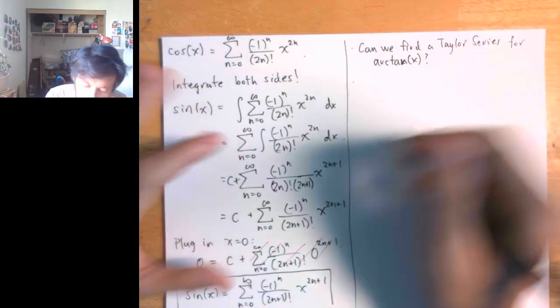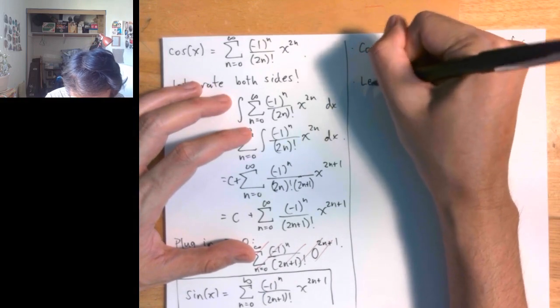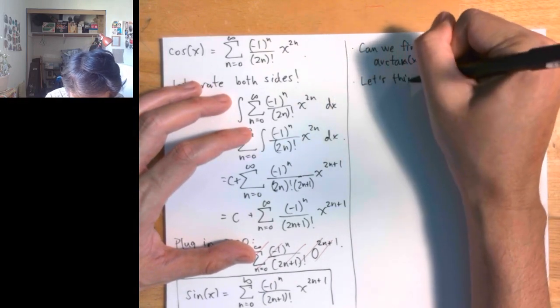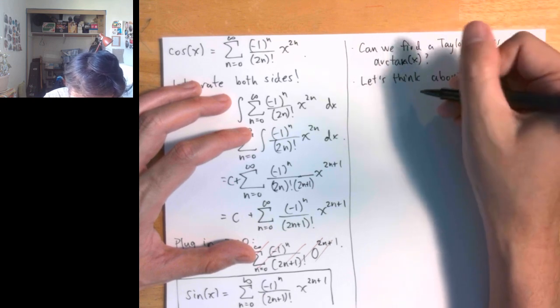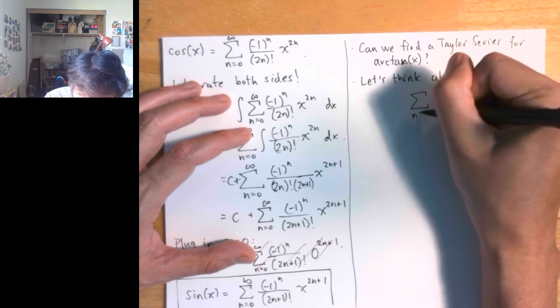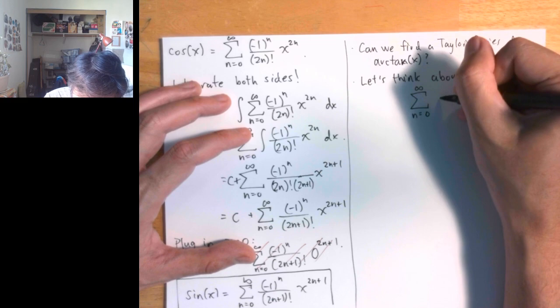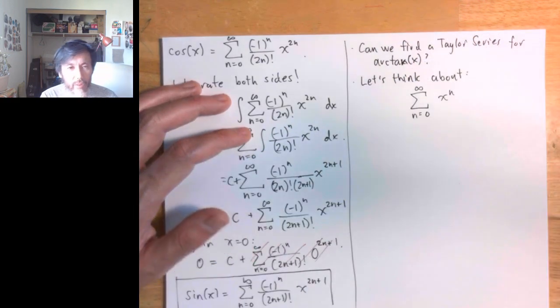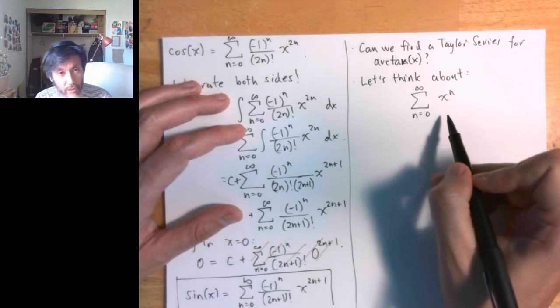So before we do anything else, let's think about this very simple power series for a second. The sum from n equal to 0 to infinity of just x to the n. I believe this is what I want. So this is a power series, right?